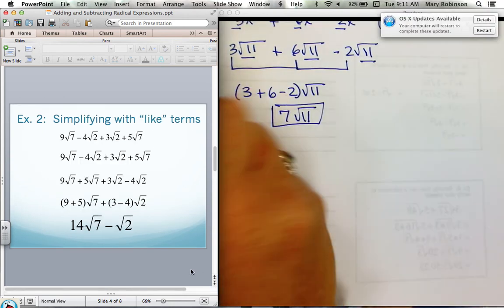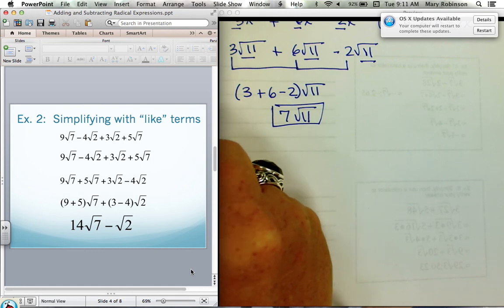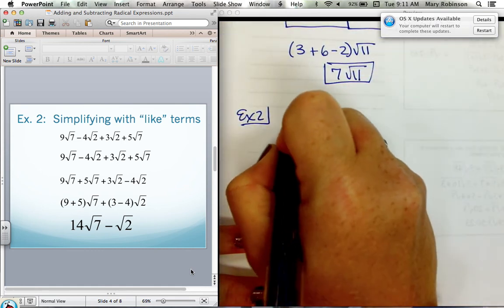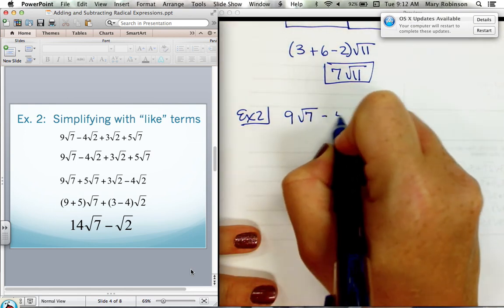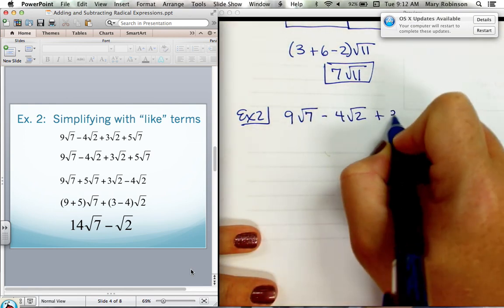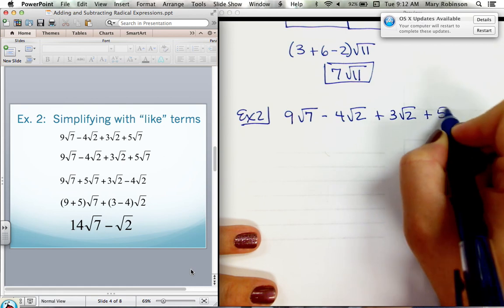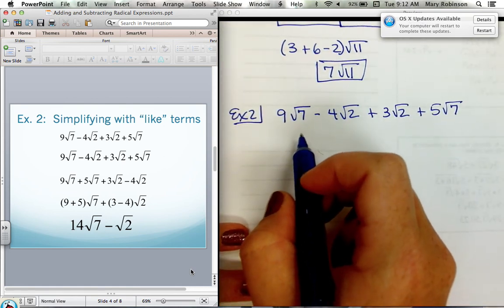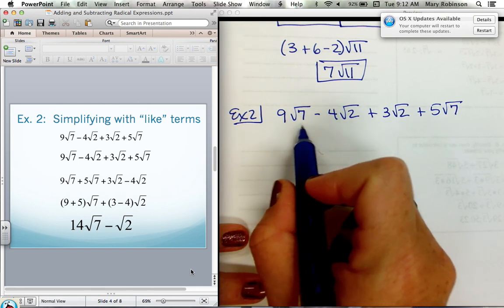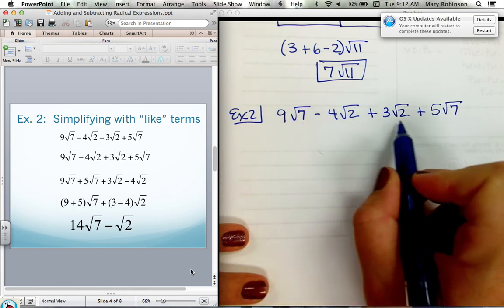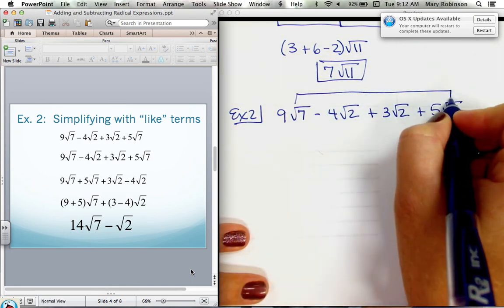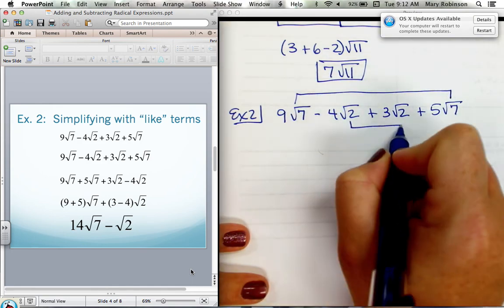Next, let's try another one. Sometimes you will see problems where you do not have all the same terms that are like. Notice when we look at our radicand, which remember is the value under our radical, we have 7, 2, 2, and 7. The like terms will be the terms that have the same radicand.